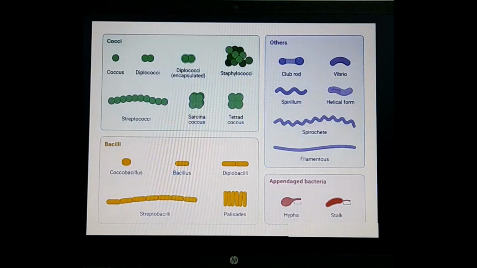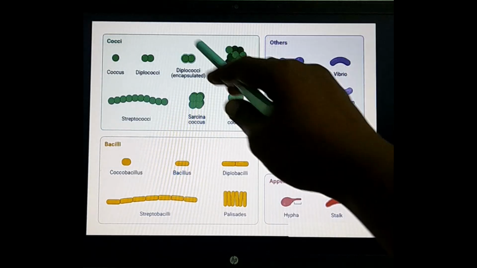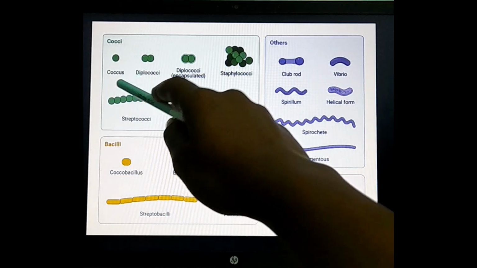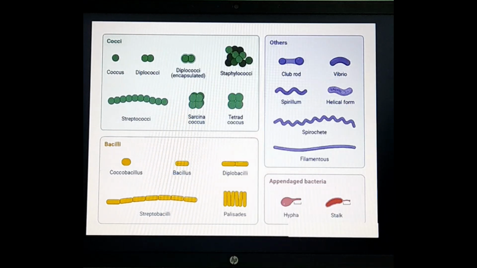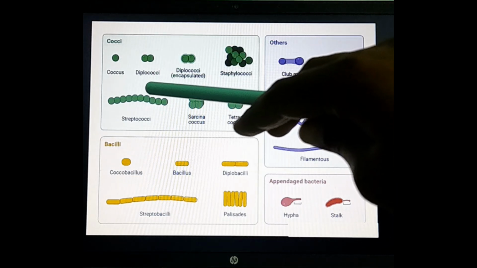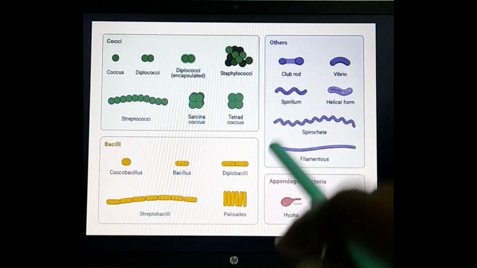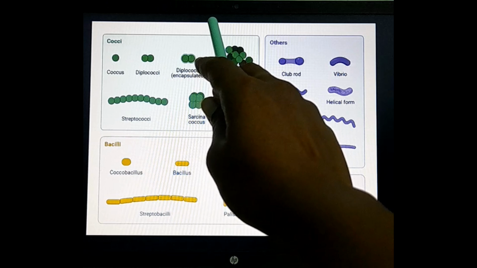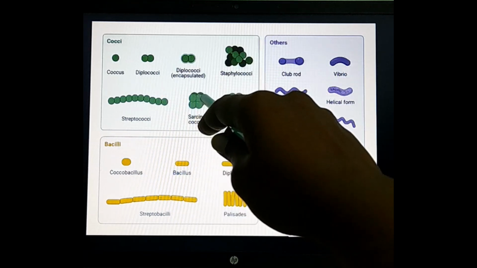Now, the shape of the cell. There are different shapes. The first one is cocci. Cocci means generally a circular shape, called a coccus. When there are two circles, that is called a diplococcus. So in this way, there are different classifications among the cocci.